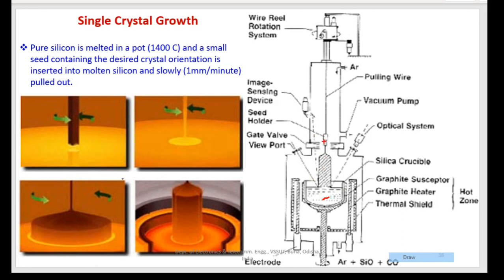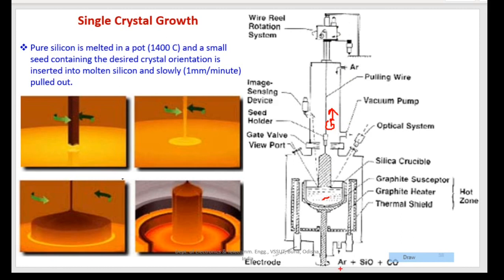This is the seed, and it is being pulled up with the help of a pulling wire, and at the same time it is being pulled up, it is also rotated. These are the auxiliary things that are there in the system.